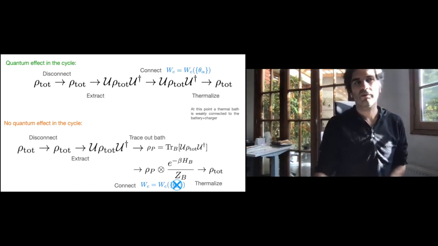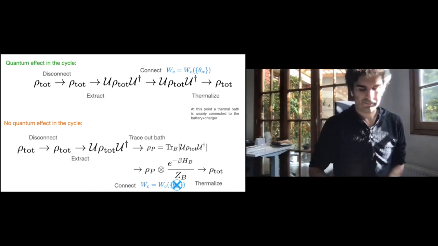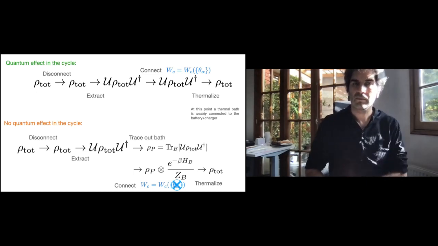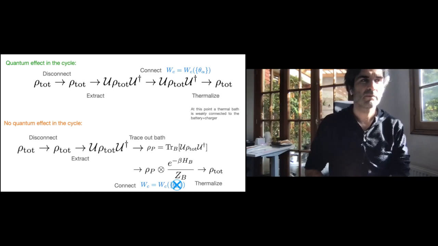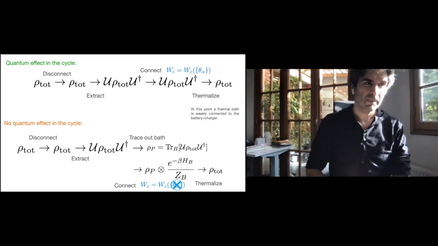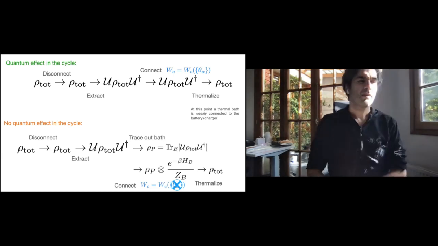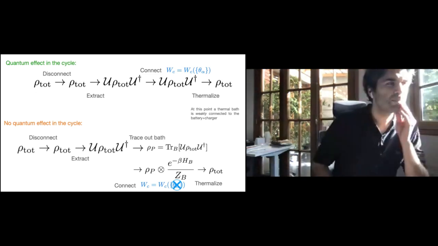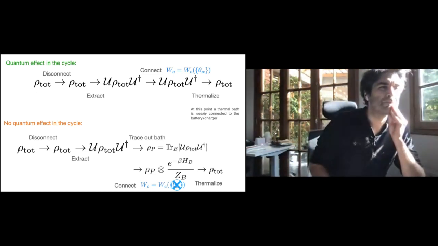Let me ask another question. The rho total is a canonical state, and when you trace out and get the reduced density matrix, that certainly is not canonical under strong coupling. So could it be the coherences that are getting generated, or is it some population inversion? What kind of state is actually getting generated? In general, in this setup, it is coherences.